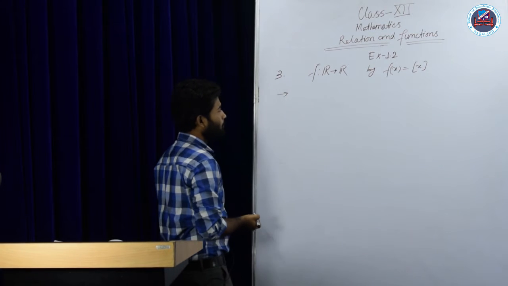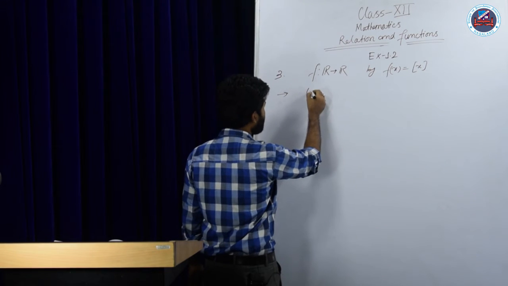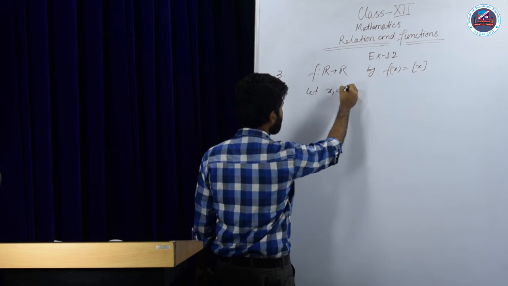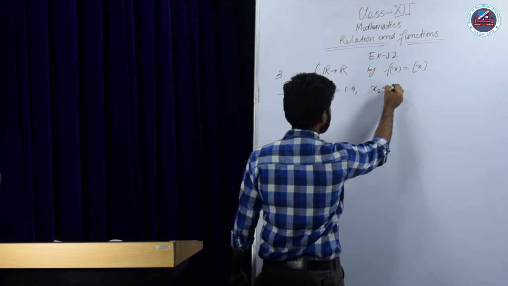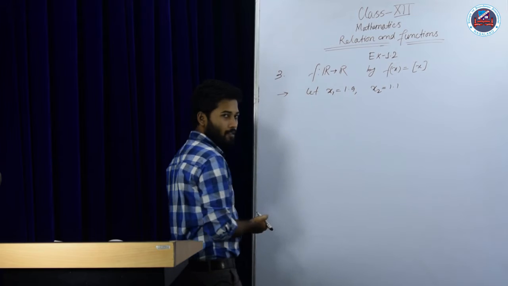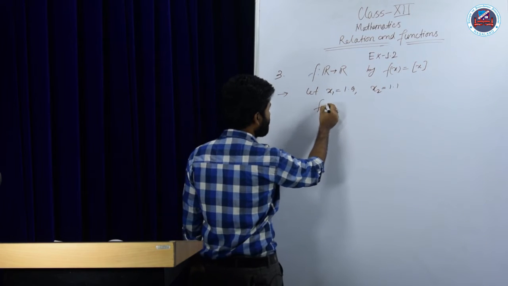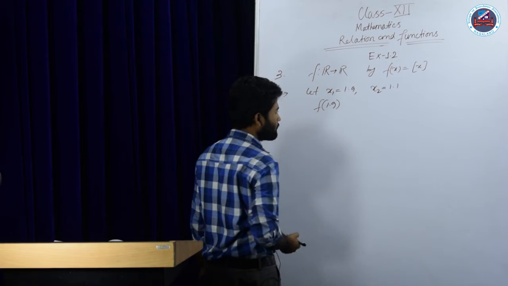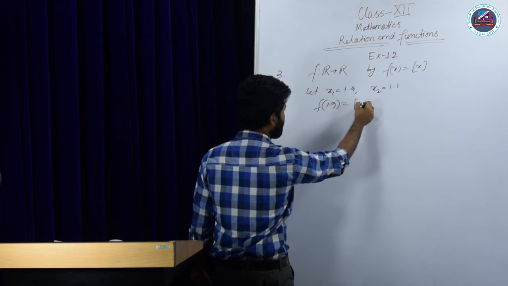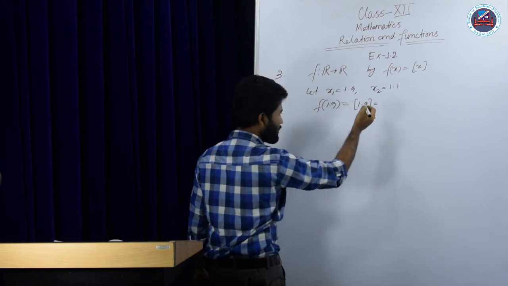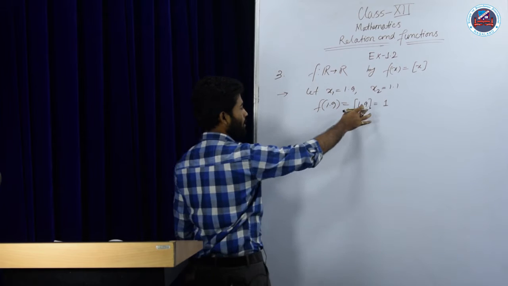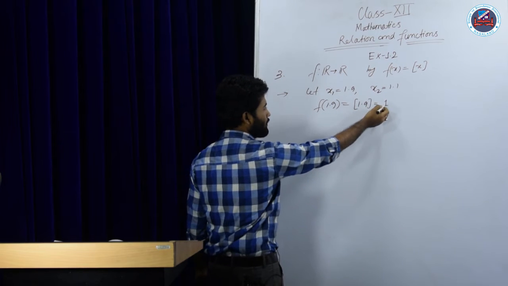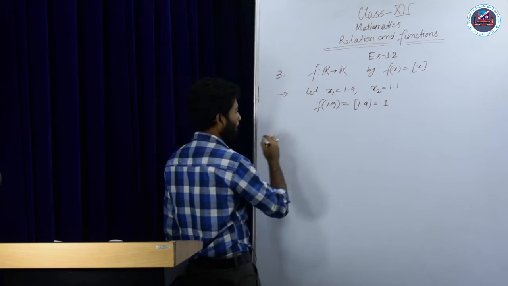So how to do? Let me take x1 is equal to 1.9 and x2 is equal to 1.1. Clear? So what will be our f of 1.9? It will be the greatest integer function of 1.9. And what is that equal to? That is equal to 1, because the greatest integer function gives the greatest integer less than or equal to the number.